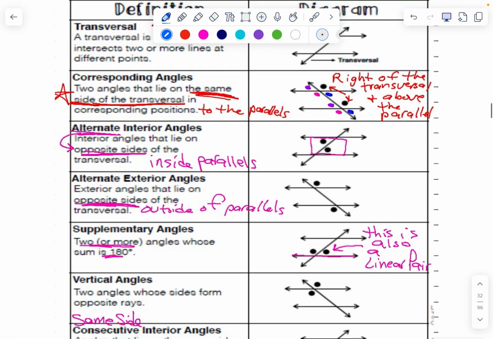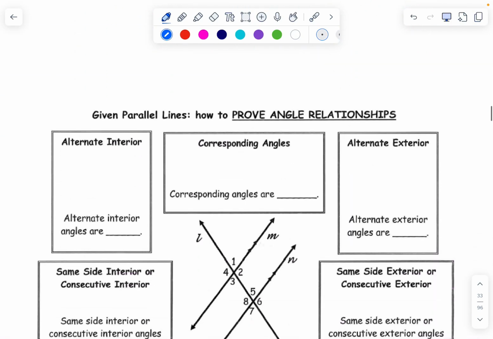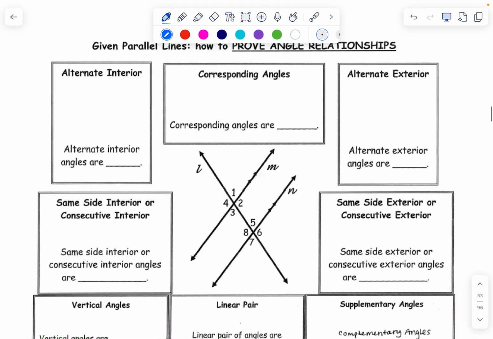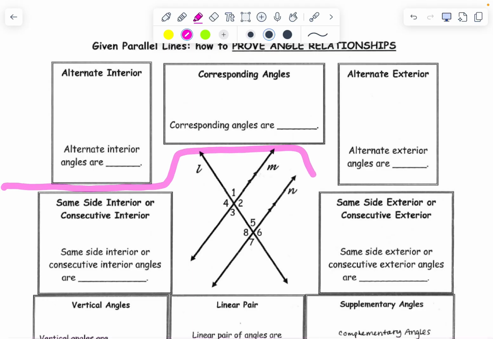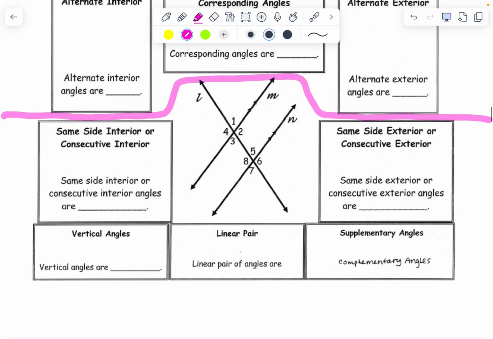So grab your paper and we're going to start filling this out with lots of information. First thing I want you to do is take maybe a highlighter or a heavy pen and separate the top 3. And then separate these middle 2 from the bottom group. So we're creating 3 sections.